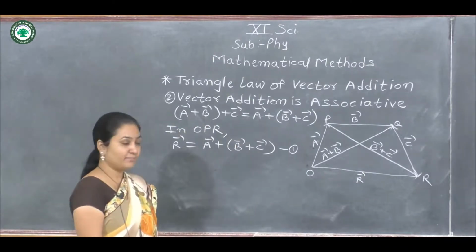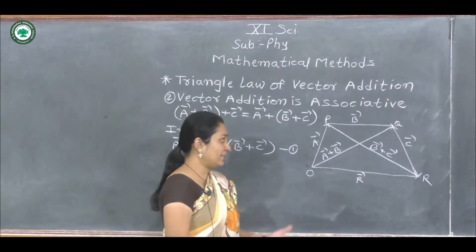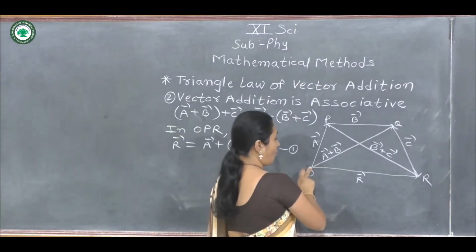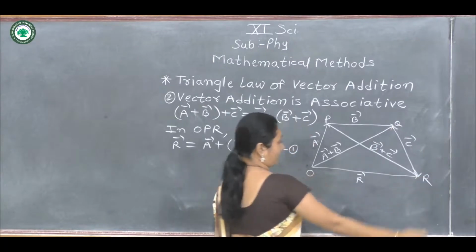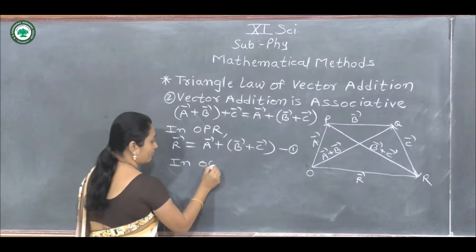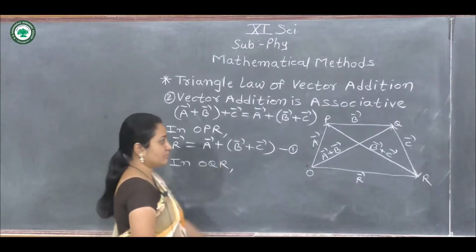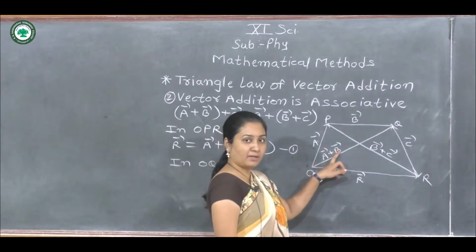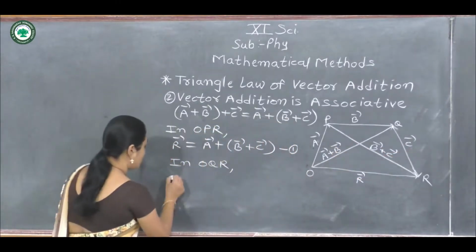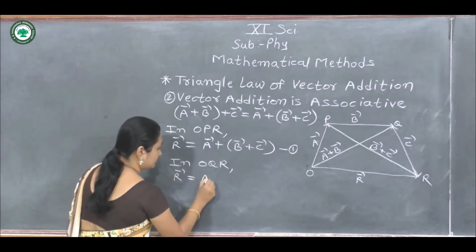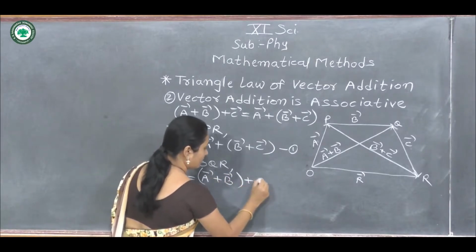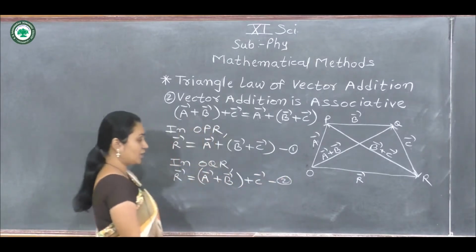Now similarly, we consider the second triangle, triangle OQR. In triangle OQR, A bar plus B bar plus C bar is equal to R bar. This is equation 2.